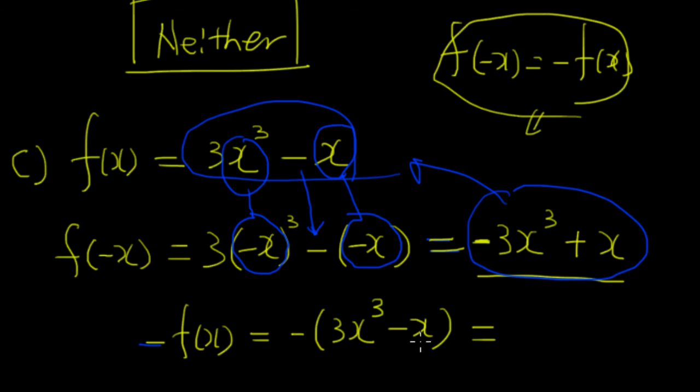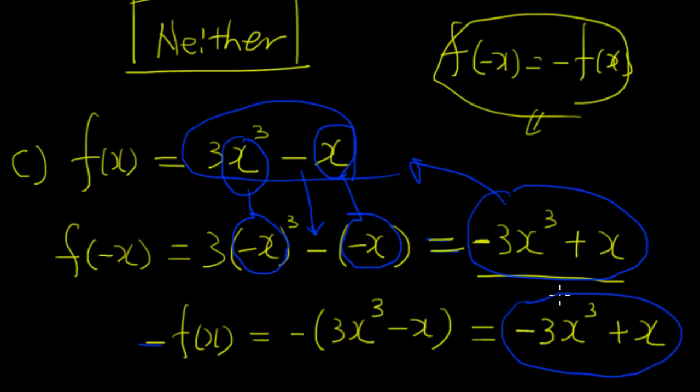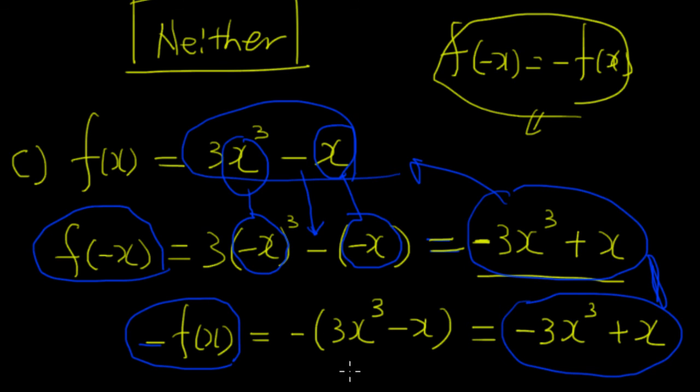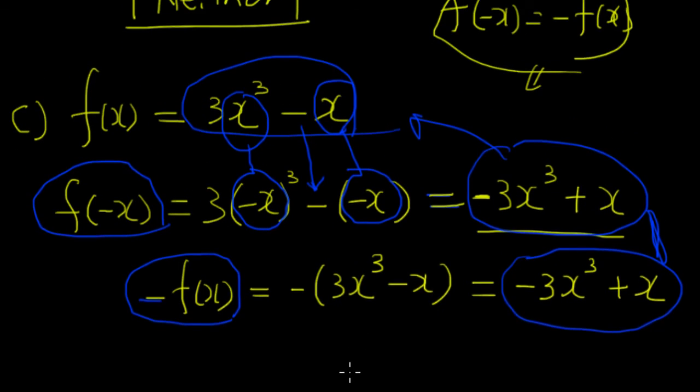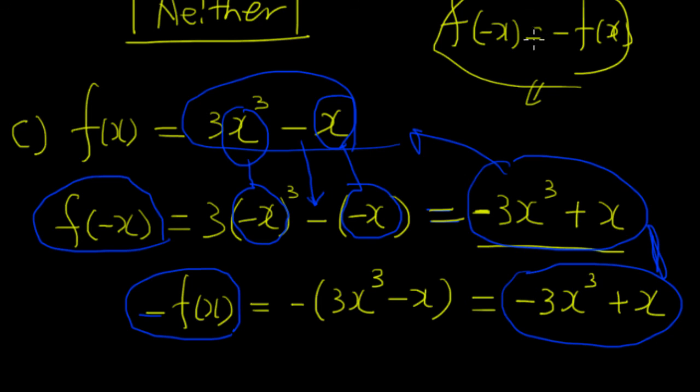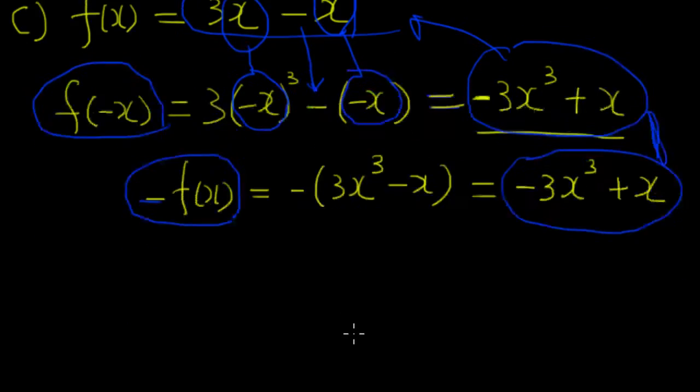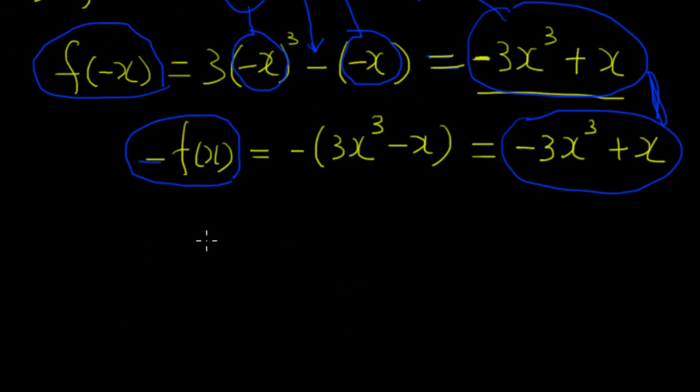And if I distribute this negative, it will be negative 3x to the cube, plus x. Now let's check whether this is the same as this. And they are, right? So we have f of negative x equal to negative f of x. And what's that? F of negative x equals negative f of x. That's an odd function. So this is going to be an odd function.